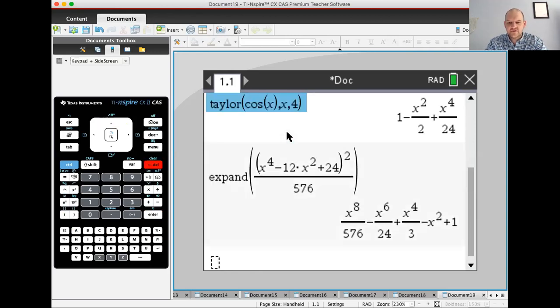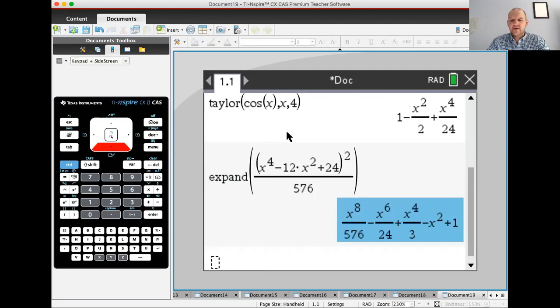All right, so let me delete this. I found the 4th degree Taylor polynomial for cosine, multiplied it by itself. So that should be cosine squared. And I got this thing. If you look at the first 3 terms, here's a weird thing you may have noticed. You write your Taylor series starting at the constant and then increasing, which is the exact opposite of what you learn in algebra, where you always go highest degree to the bottom.